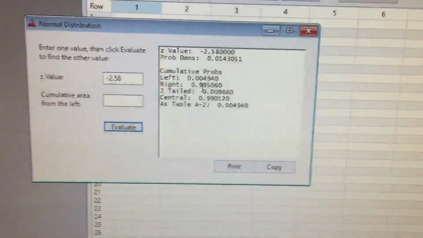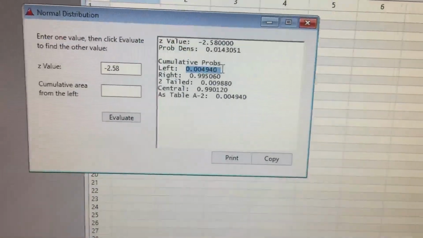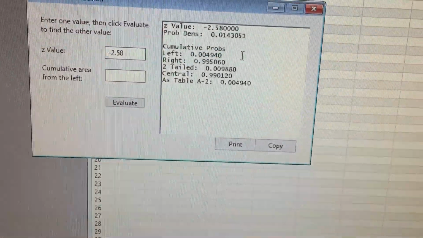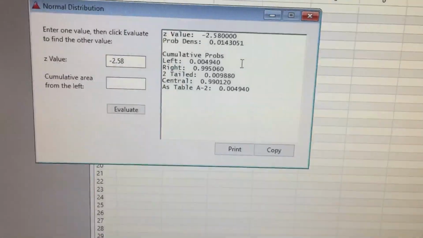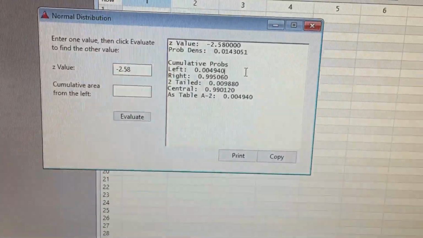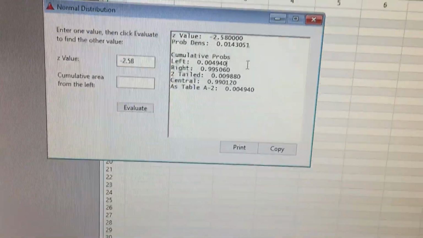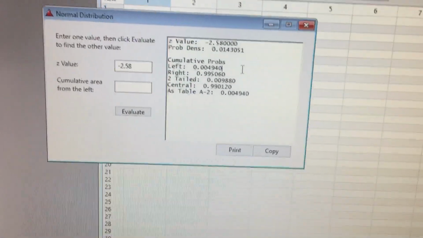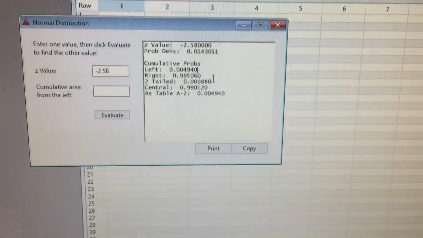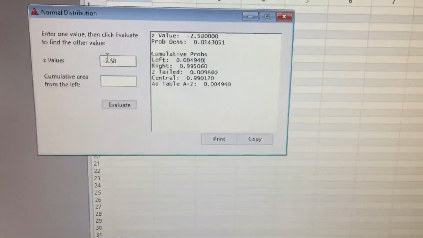Now we're going to look at the one that says cumulative probability on the left. That's this one right here. And that value to 4 decimal places will be 0.0049. That's the one that we will use for negative 2.58. And now we're going to find the area to the left for 0.65.